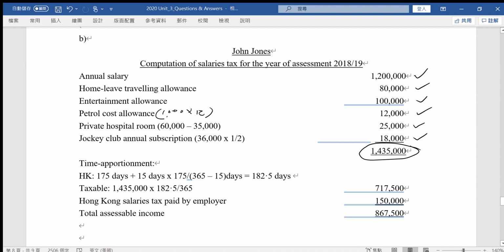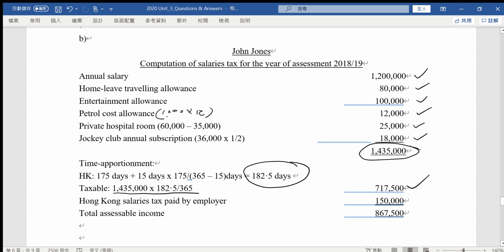Okay, then according to the rule, the extended charging sections, here is a foreign source of employment, and we will apply the time apportionment basis approach to determine the amount, and then we need to determine the number of days related to the Hong Kong service. Okay, that will be in total 182.5 days. Okay, and then we will multiply this amount and work out, that will be 717,500.